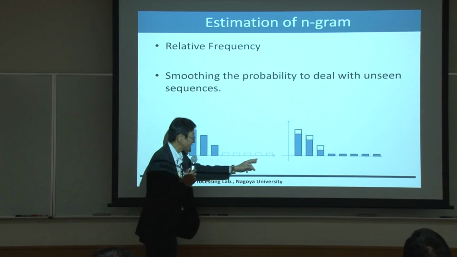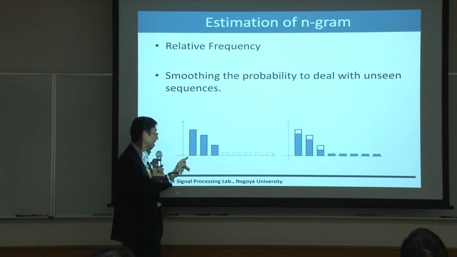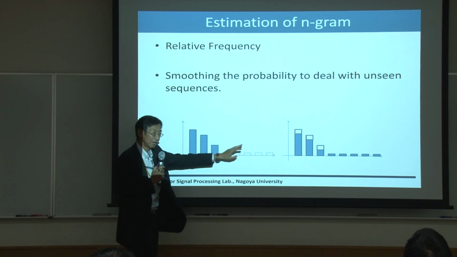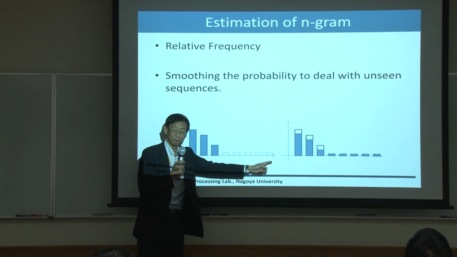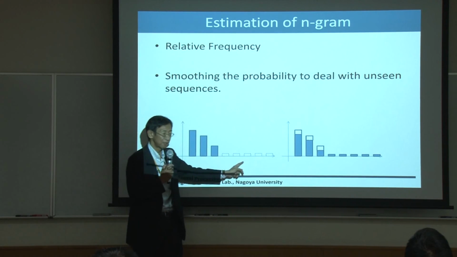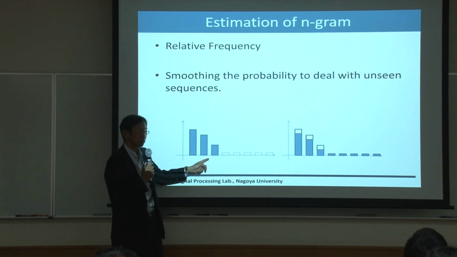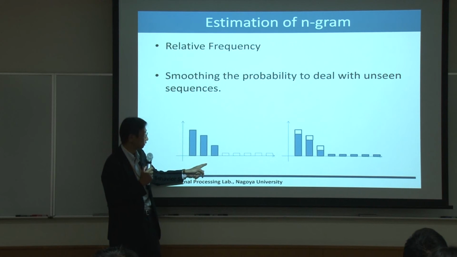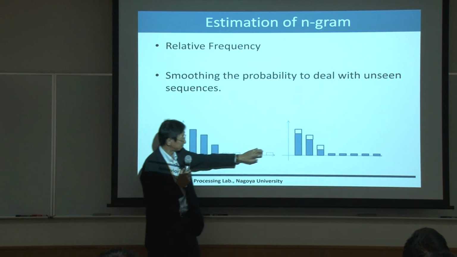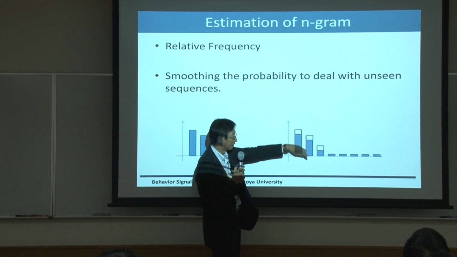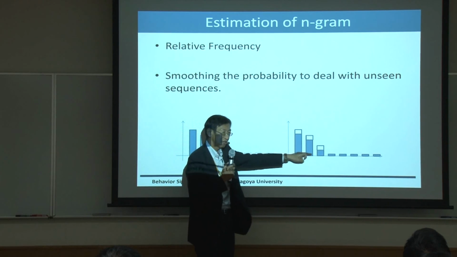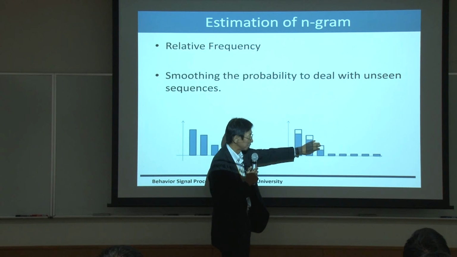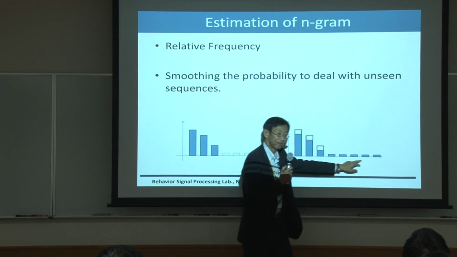We have a lot of variations or realizations of a random variable, but unfortunately, in training data, you don't see all of these realizations. So what we do is discount the occurrence of the seen data and distribute the discount to the unseen data.